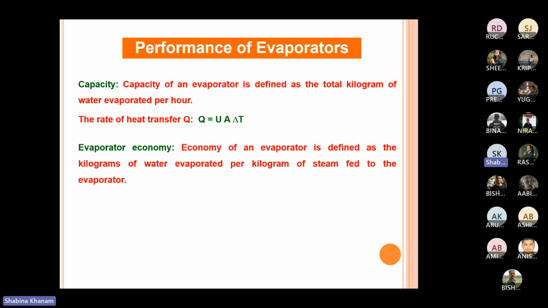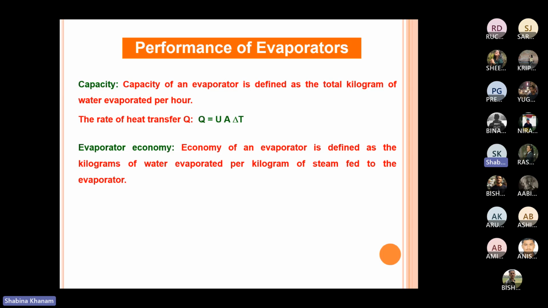Let's say in kg, how many kg of water is evaporated per kg of steam consumed, or steam fed, that is the right word. So we consider how much water is evaporated per unit of steam. In that way we define these two parameters.